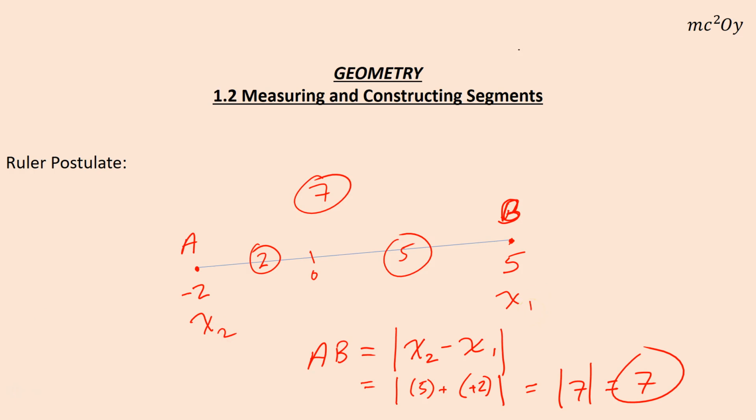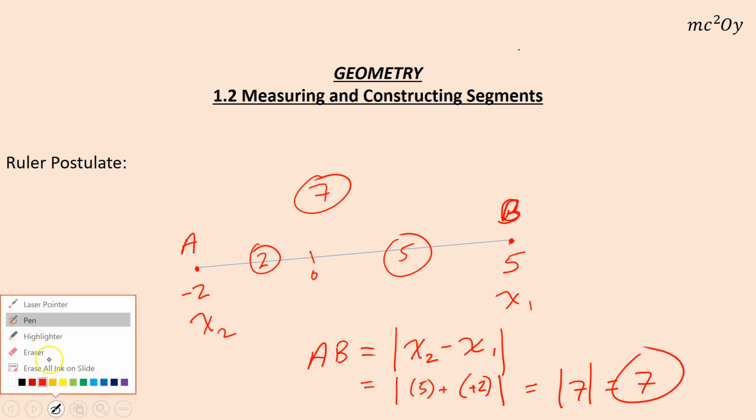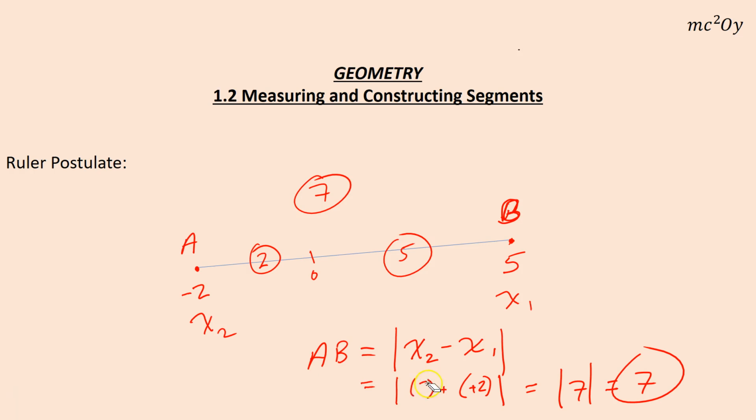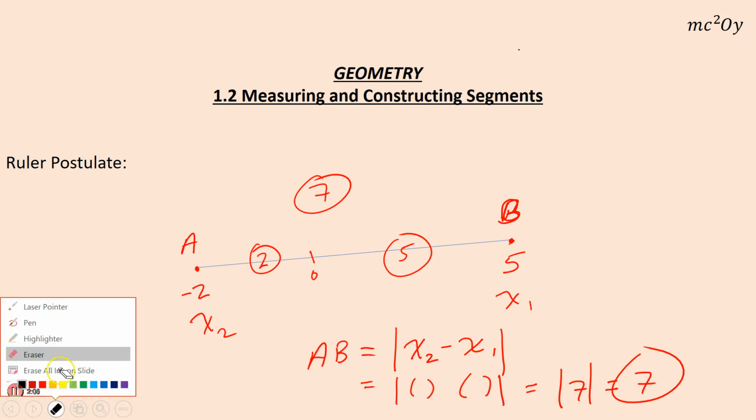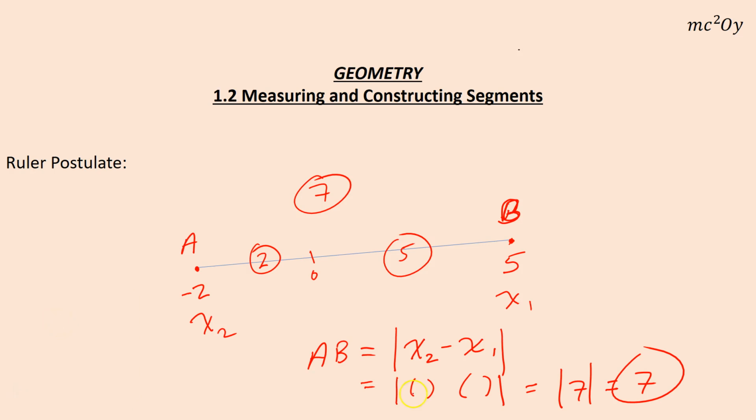In that case these values would switch around, and you'd end up with -2 minus 5, which would be -7. The absolute value of -7 is 7. That's why we have to have absolute value symbols. So that's the ruler postulate.